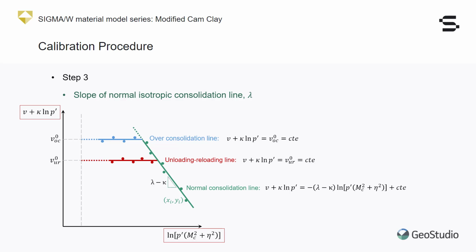The slope of this line represents the difference between the isotropic normal consolidation slope, lambda, and the overconsolidation slope, kappa. Given that we already estimated kappa in the previous step, the constant lambda can be found by applying the method of least squares on the proposed space.